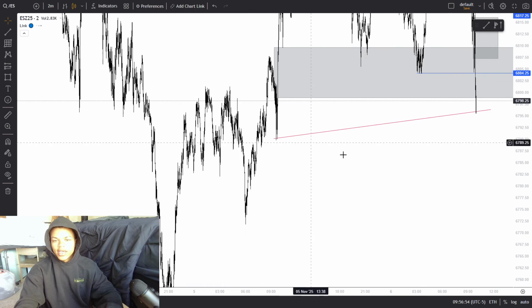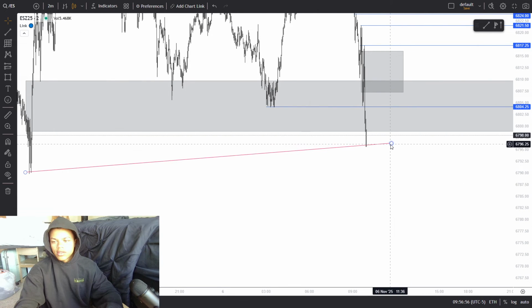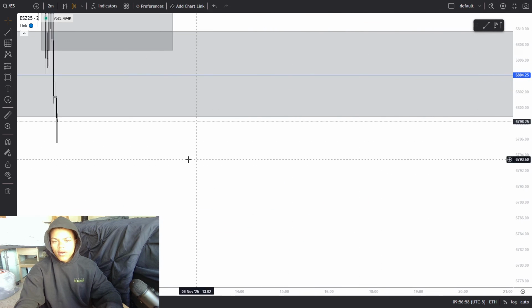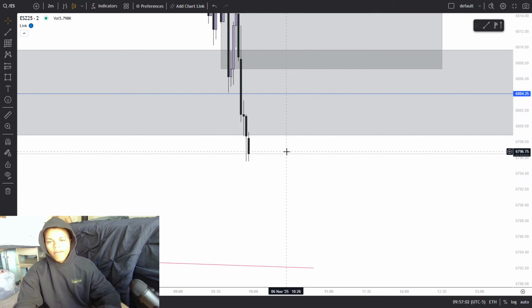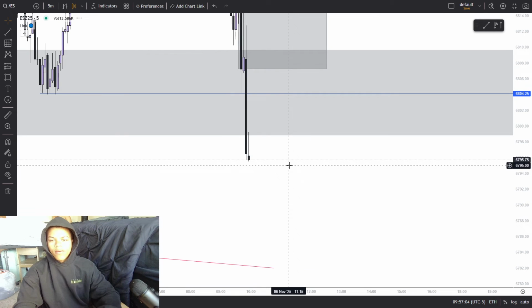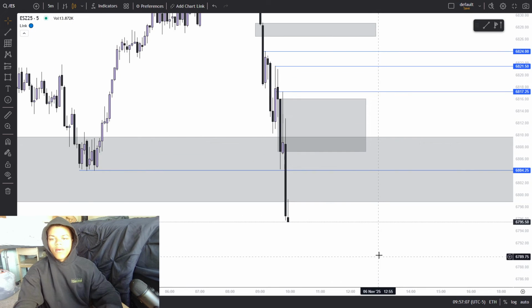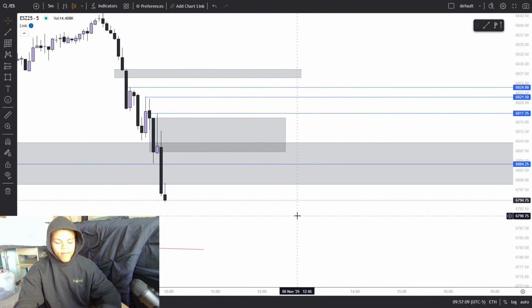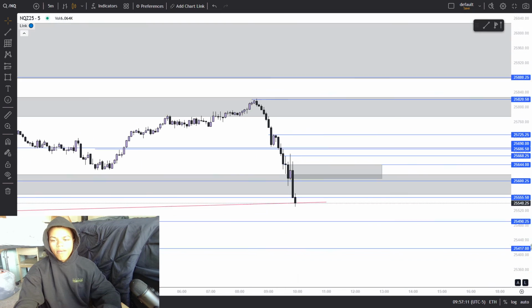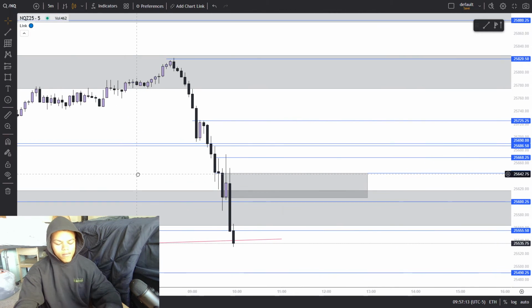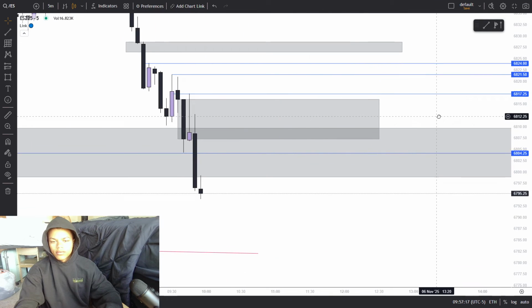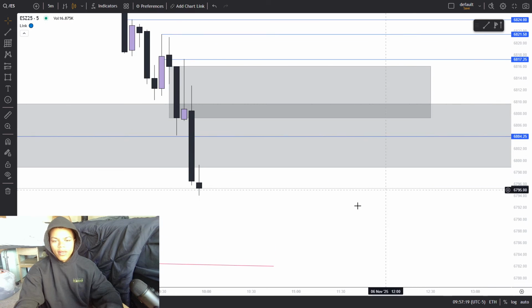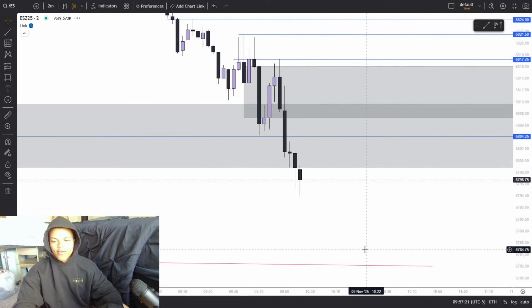So I can definitely see ES taking out these lows, continuing lower. Definitely can catch a continuation from this play.